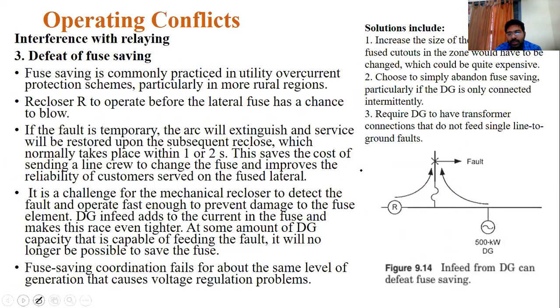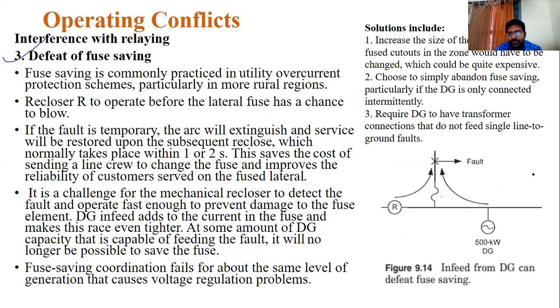Now what we left in the last class is the defeat of fuse saving. What is fuse saving? See again this diagram, where this is the fuse.